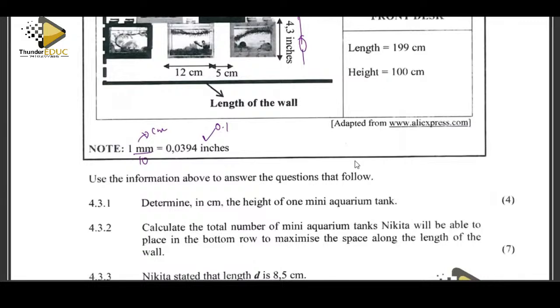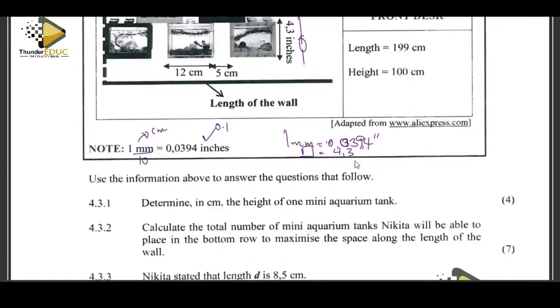Okay, so they're asking us, determine the height in centimeters. So what you're going to ask yourself, if 1 millimeter is equivalent to 0.0394 inches, and you have 4.3 inches, what will you end up doing?